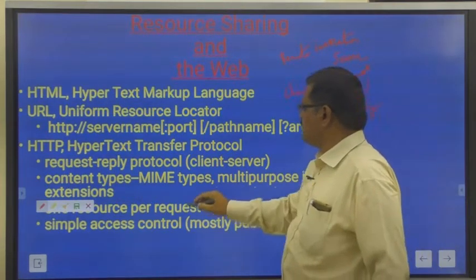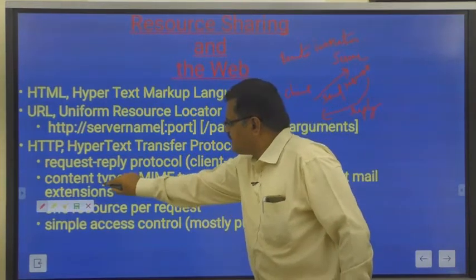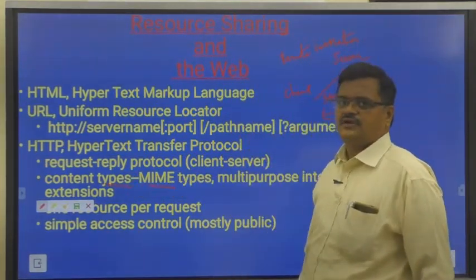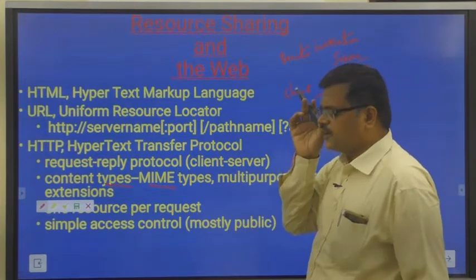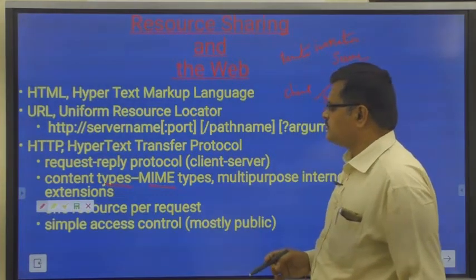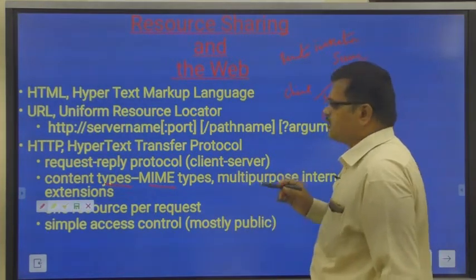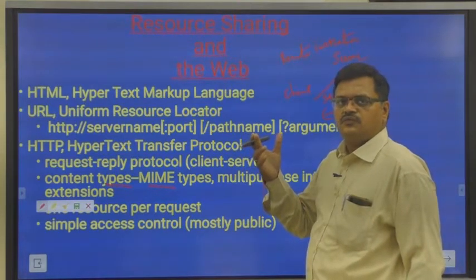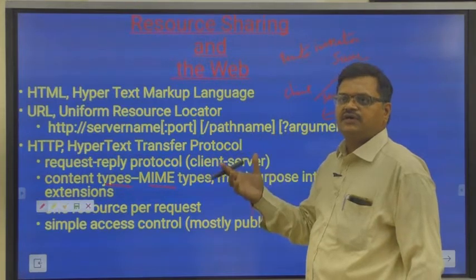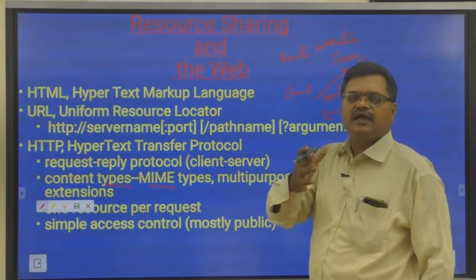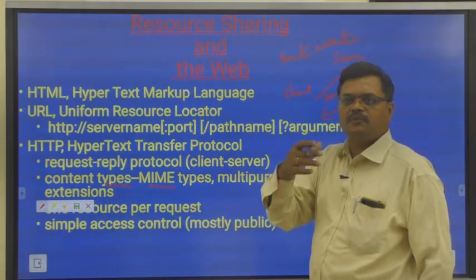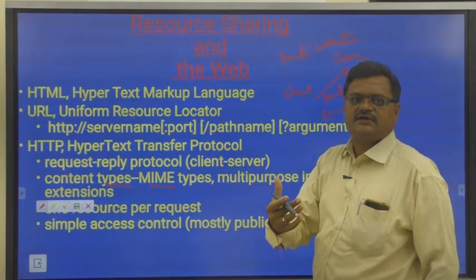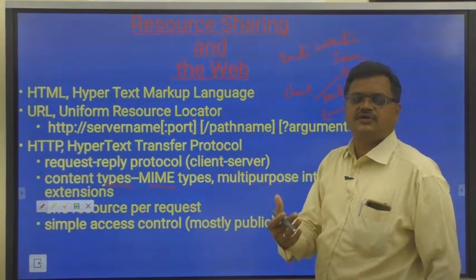Next is content types, MIME types. What is meant by MIME and why are we concerned here with MIME content types? Because this is another important point to discuss. So normally what happens is we send a request to the server, and the server sends a response to the browser, and the browser renders the text. Rendering is happening at the browser.